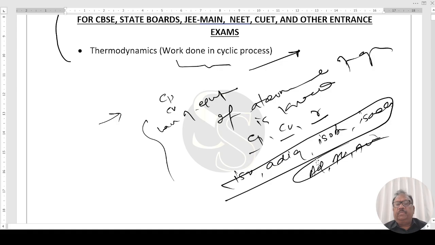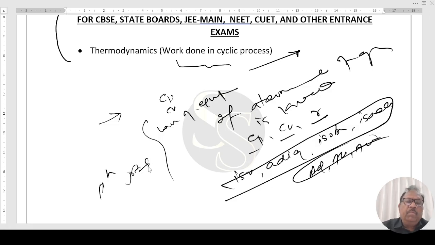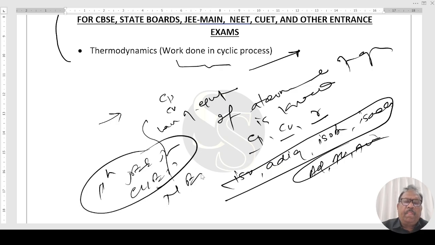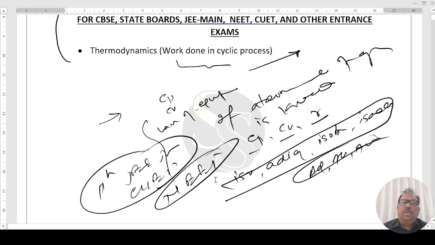It is requested to go through the complete session, being very important for 11th standard, JEE Main, JEE Advanced, CUET and NEET and other entrance examinations. Now let's start with the question and concepts.